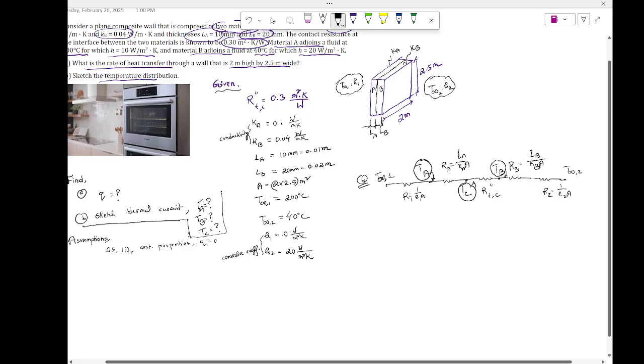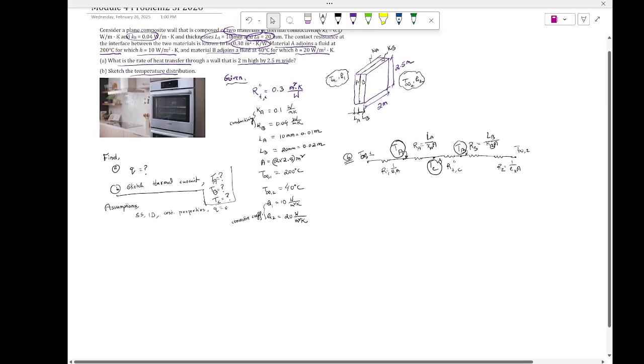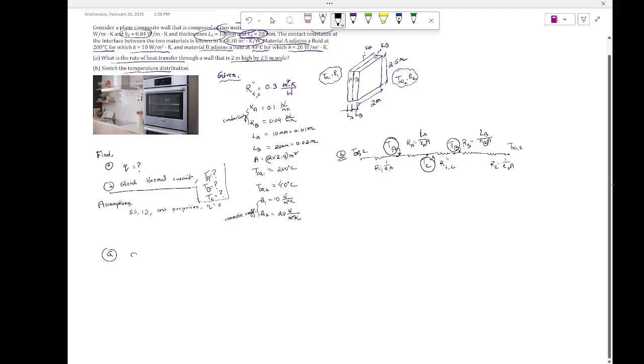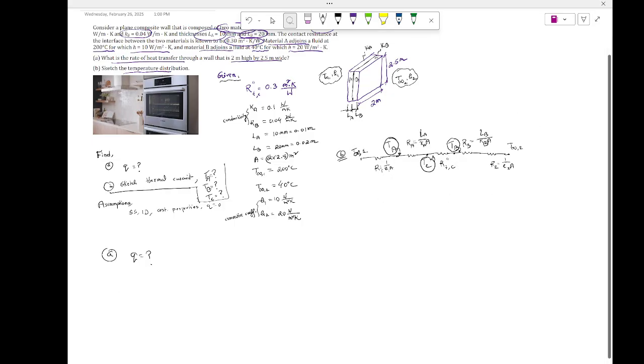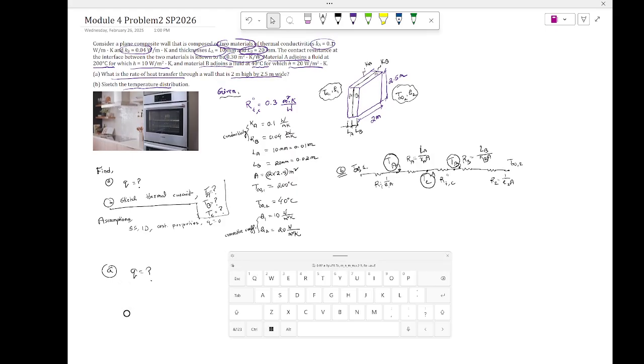On part A, if you remember, we are trying to find the Q, right? What is Q again? Heat rate, right? So we're trying to find the Q, and I'm going to copy that and paste it here.